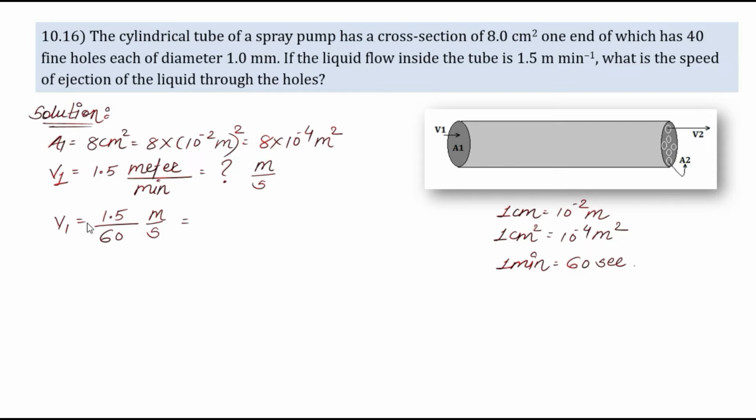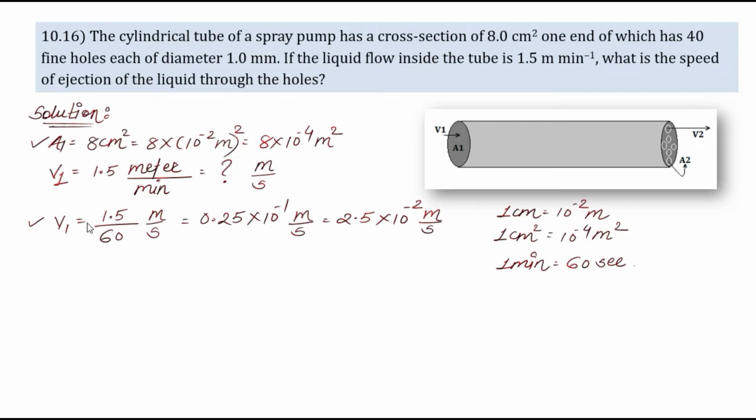If we solve this, we will get 0.25 into 10 raised to minus 1 meter per second. You can also write it as 2.5 into 10 raised to minus 2 meter per second. This is V1.